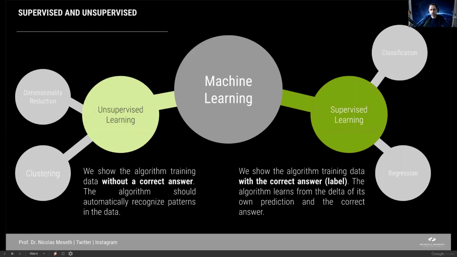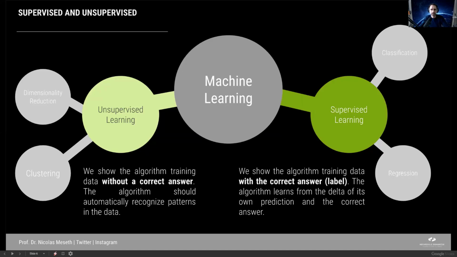So this is, we just talked about this, supervised and unsupervised learning. Here, just some terminology. In supervised learning, the training data is what we refer to, what we show the machine. So for example, if we have 1,000 images of oranges, this would be our training data, and we would show that to the machine. And the correct answer in it, so the information, there is an orange in it, that's what we call the label.